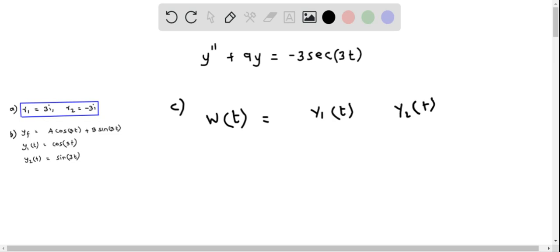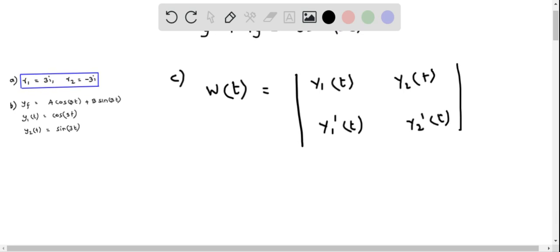And then in the second row of the determinant, we write the derivatives, that is y1 prime of t and y2 prime of t. Basically, this is the determinant that we have to evaluate. So let's determine this Wronskian by replacing y1 of t with cosine 3t, then y2 of t by sine 3t.